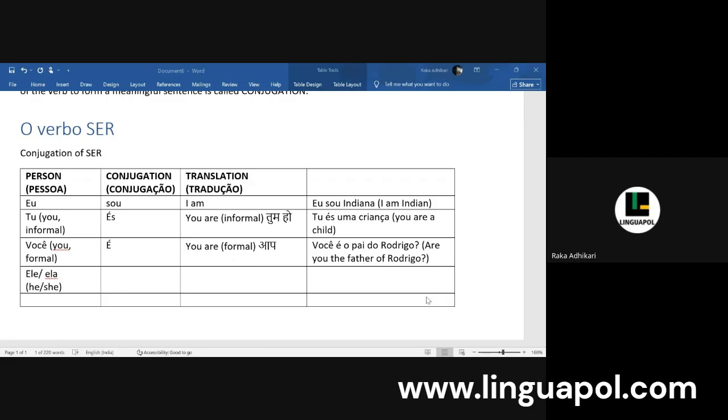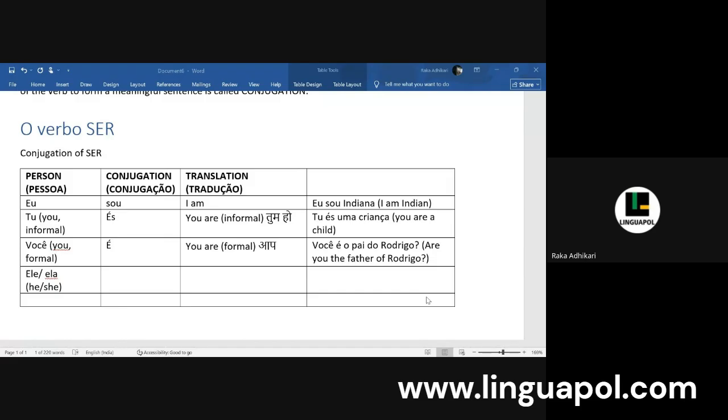Especially when we have an E at the end of any word, we tend to extend it in Brazilian Portuguese, whereas it is not pronounced at all in European Portuguese. So in Brazilian, the word is ele, whereas in European, it is el.